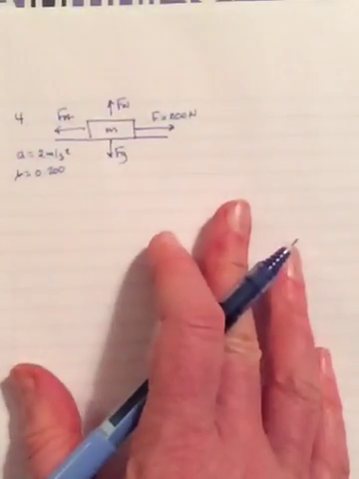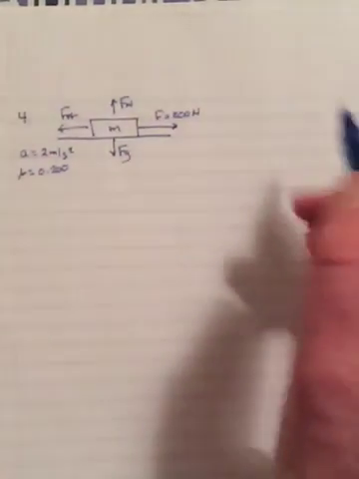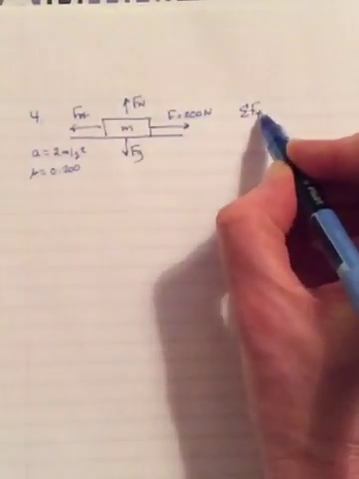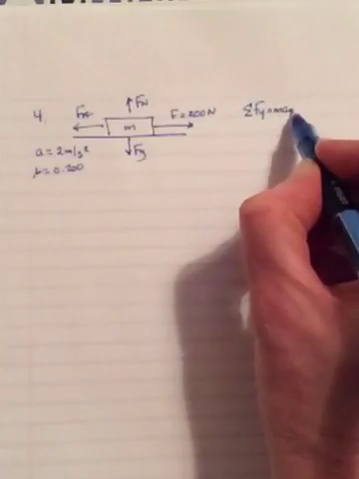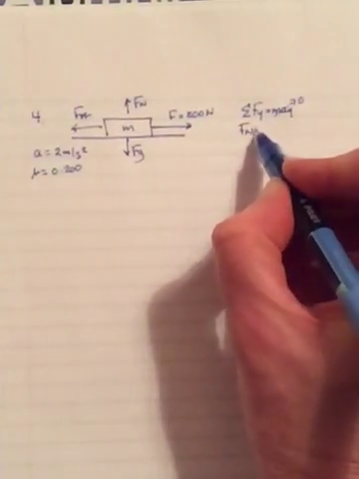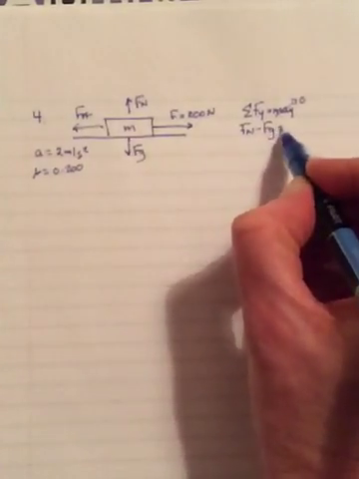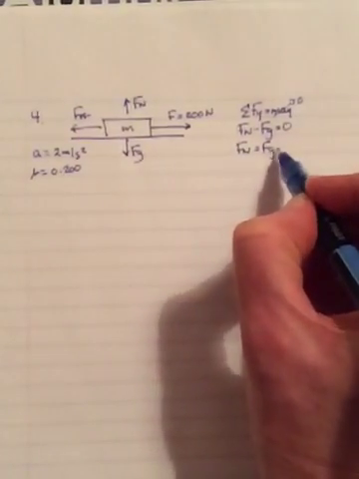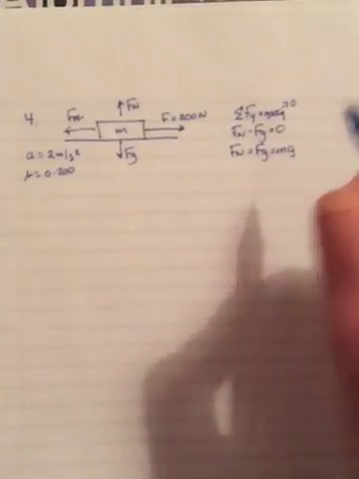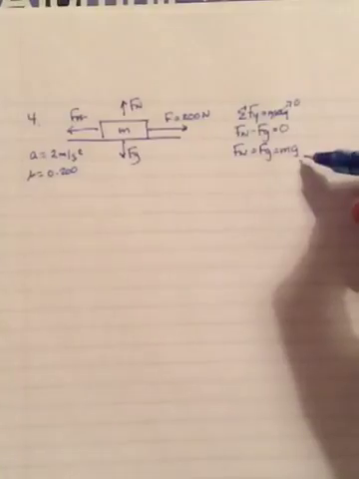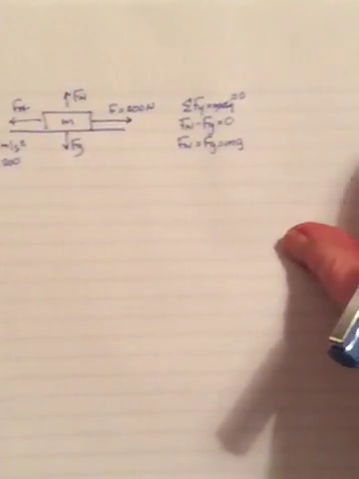So we're going to do exactly the same steps that we've done in the past. So we're going to start with sum of the forces in the y direction equal to may. That goes to 0. Fn is going up, Fg is going down. So Fn must be equal to Fg must be equal to mg. And here again, even if you wanted to, you could not find this value because we don't know what m is.